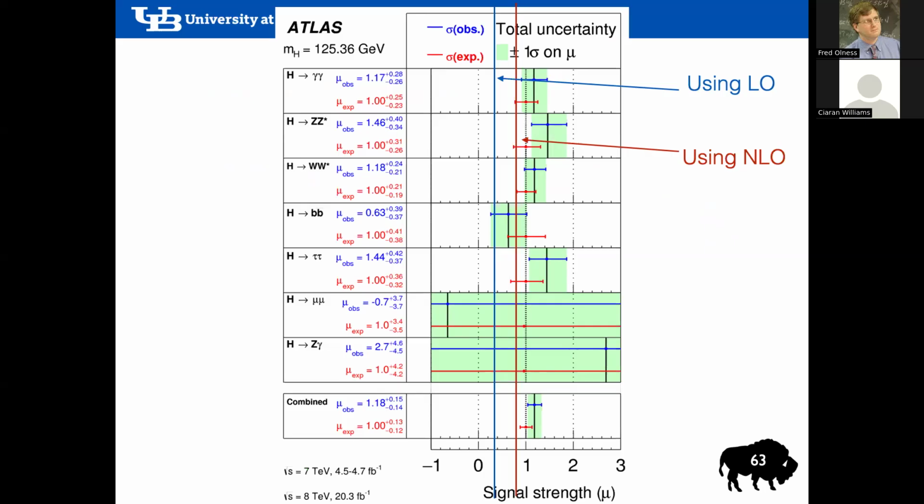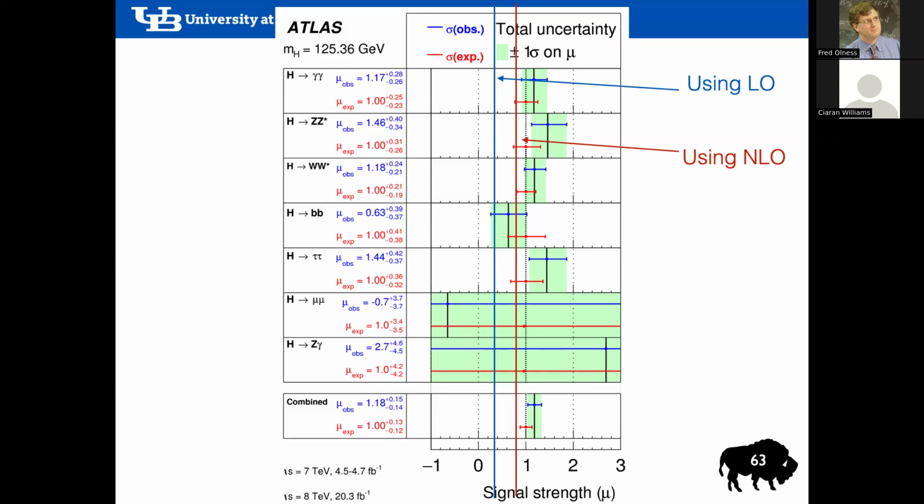This is one of those famous, old now, but famous experimental plots where we're measuring couplings in different channels, signal strengths versus Higgs cross-section. This is normalized to the standard model so that 1 is basically your prediction of the standard model. And if I had just a leading order prediction, then I would have essentially half of the rate in all my channels. So all of my theory would be here.